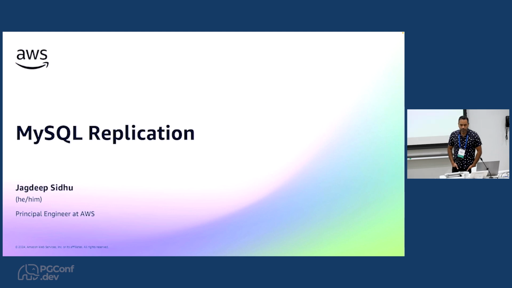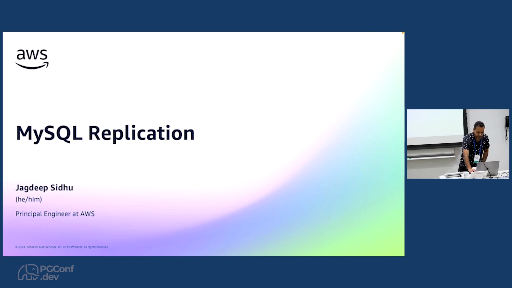MySQL, on the other side, has had logical replication from very early on, and that's the only kind of replication it supports. So my goal here today is to discuss the implementation details of MySQL logical replication and hope that the folks working on Postgres logical replication can get some ideas or learn from the details.